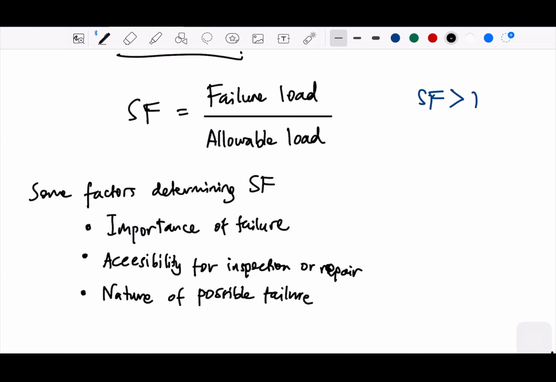And the fourth one is also the cost. Do you have the budget? For example, for the water bottle, maybe we don't really need a really high safety factor. So that's why we use polymer, like PET or any polymer.